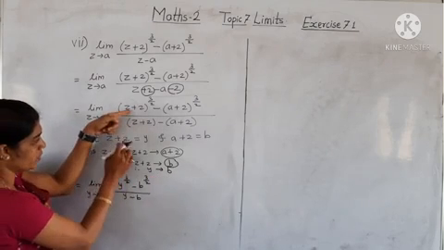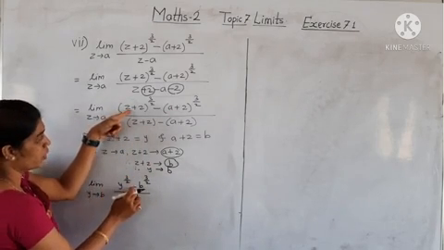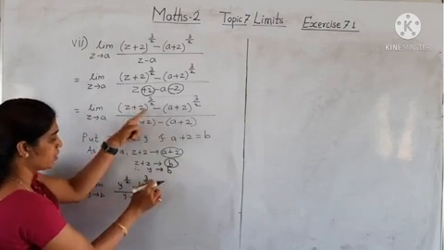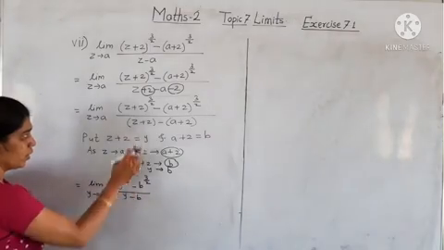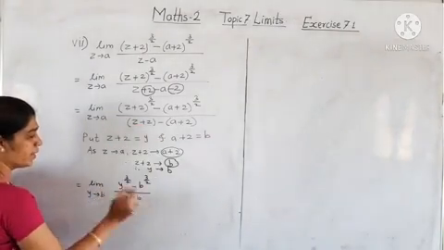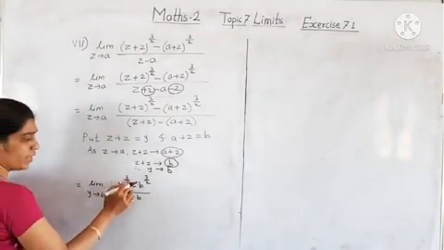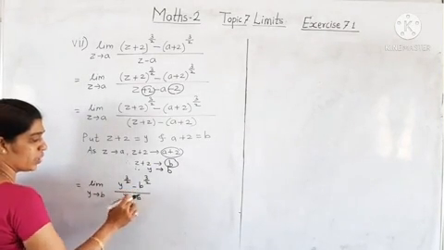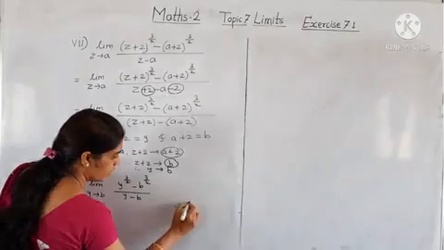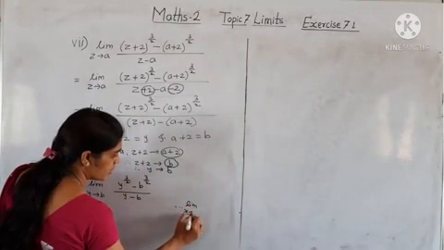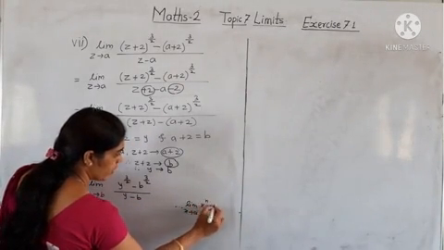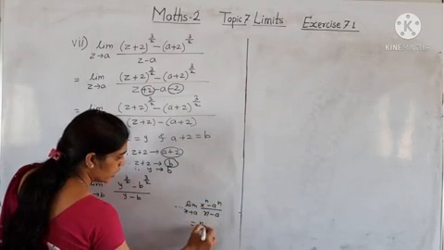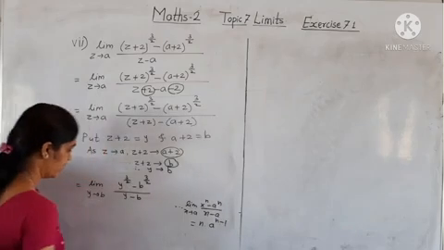z plus 2 means y raised to 3 upon 2 minus a plus 2 means b raised to 3 upon 2, upon z minus a means y minus b. And this is of the form x raised to n minus a raised to n upon x minus a. Limit x tends to a, x raised to n minus a raised to n upon x minus a is equal to n into a raised to n minus 1.